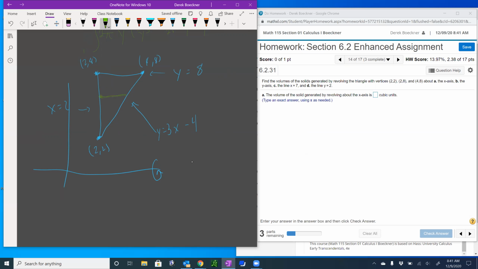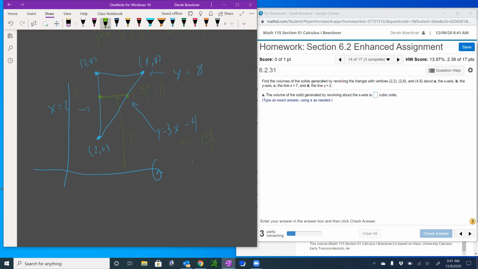Okay. So rotating around the x-axis, I'm going to get a radius of y. I'll need everything in terms of y. So this is going to be x equals (y plus 4) over 3, comma y on that side.